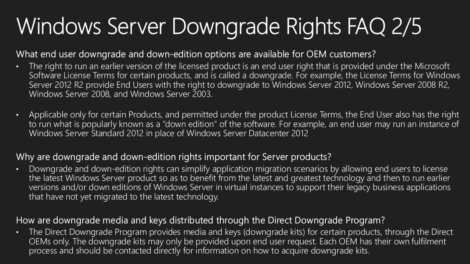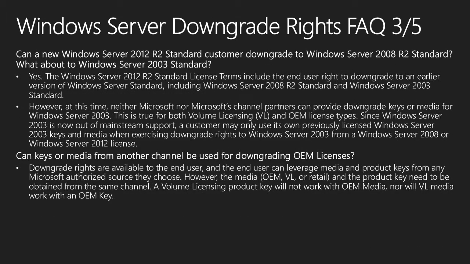You may find now that it's incredibly difficult to get a hold of Server 2008 and Server 2008 R2 direct downgrade media kits and keys from the OEMs, because that was a program that the OEMs had to stop producing and distributing late last year. So even though there may still be some remnants in the channel, there's no guarantee that you will be able to find those. So the onus will be on the customer to provide the keys and the media.